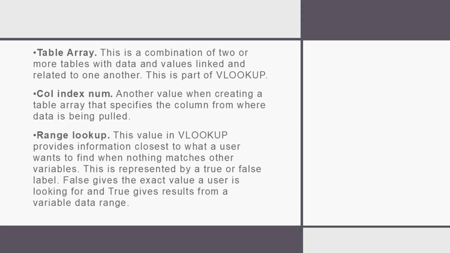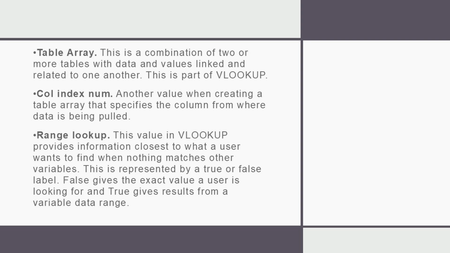Table array. This is a combination of two or more tables with data and values linked and related to one another. This is part of VLOOKUP. Col index num. Another value when creating a table array that specifies the column from where data is being pulled. Range lookup.